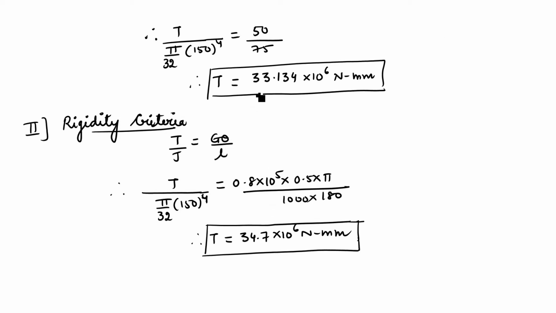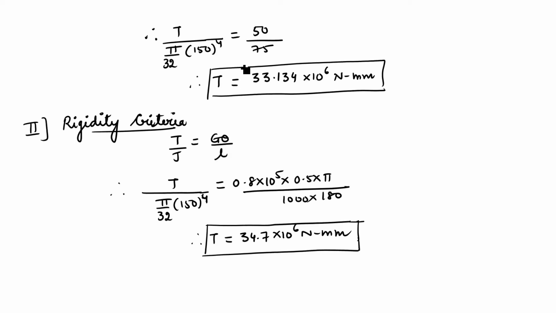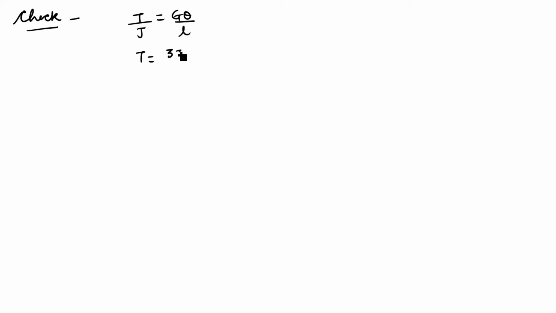I'll start with substitution of 33.134 in this formula. The formula is T by J is equal to G theta by L. The value of T is 33.134 into 10 raised to 6 Newton mm. Let's substitute and see.